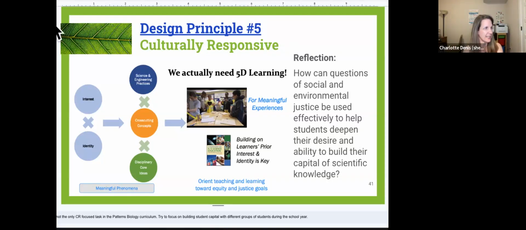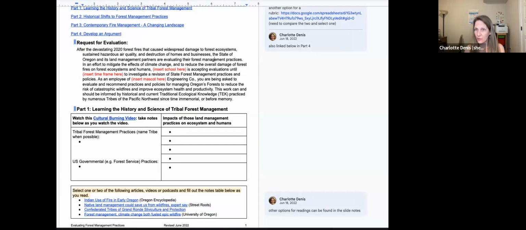So if we go back here to the student task, that video that we just watched 2 clips of is this cultural burning video. And so we're prompting students to take some notes on what tribal forest management practices are versus the Forest Service or US government practices.